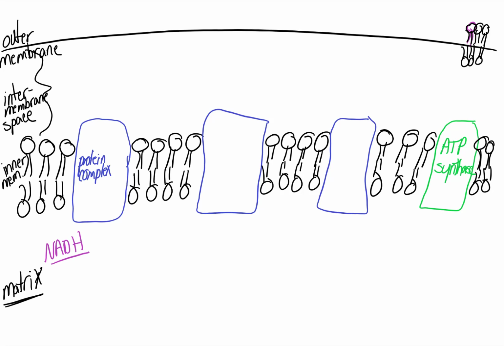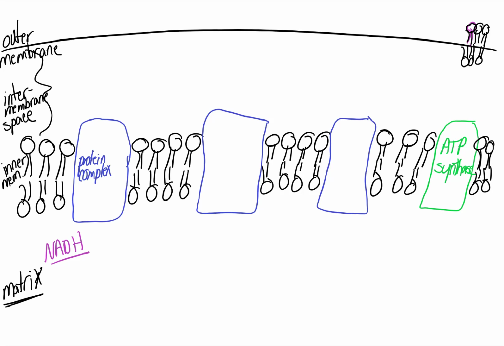And we can see that we have several protein complexes represented in blue on the screen that are embedded in that inner mitochondrial membrane. These are a collection of proteins that play a couple roles in oxidative phosphorylation, including electron carriers.